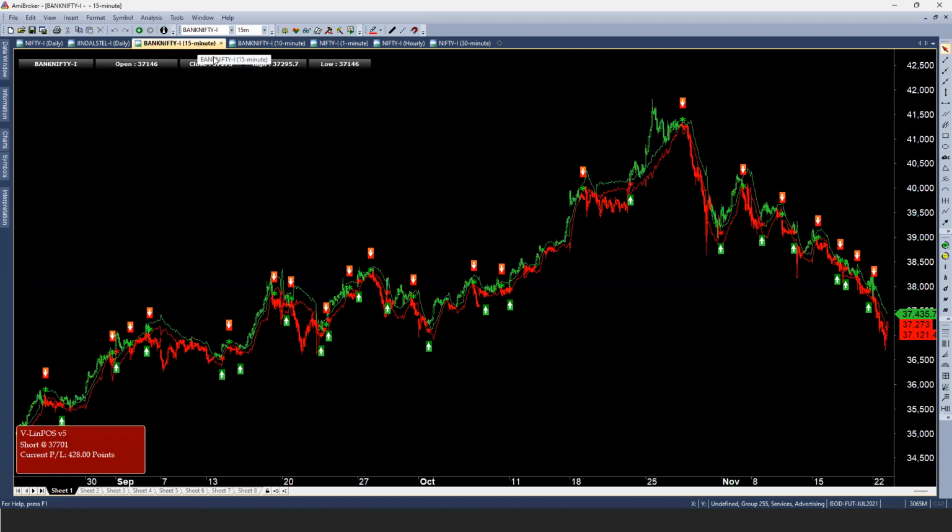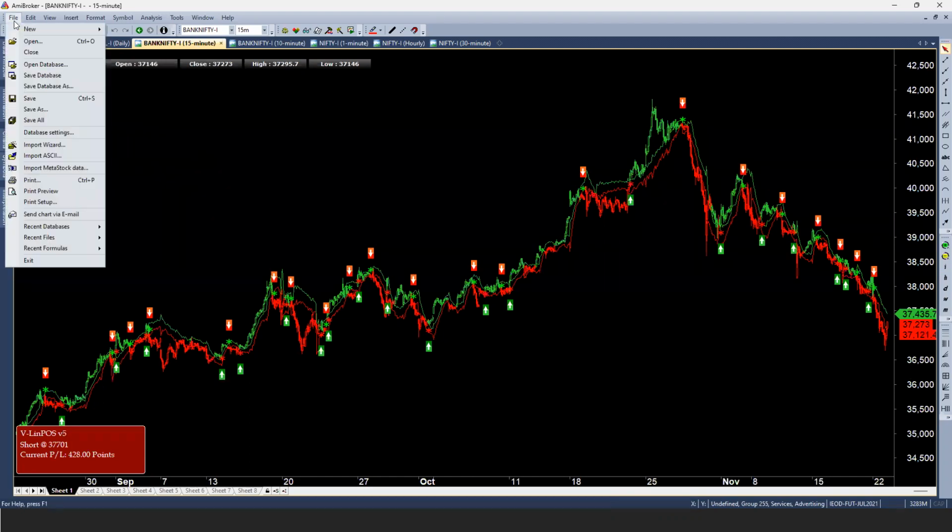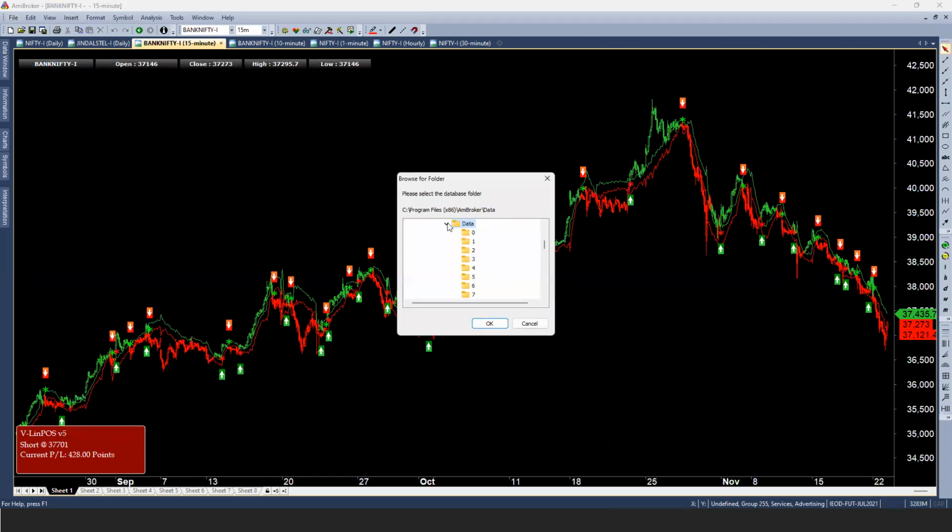So here I'm having the data till November 2021. Let me check. I might have access to a complete database. Sometimes I keep my databases on D drive, the Amibroker database.